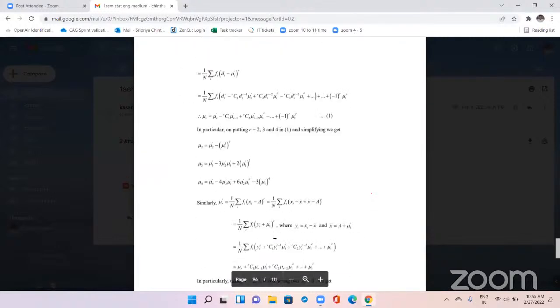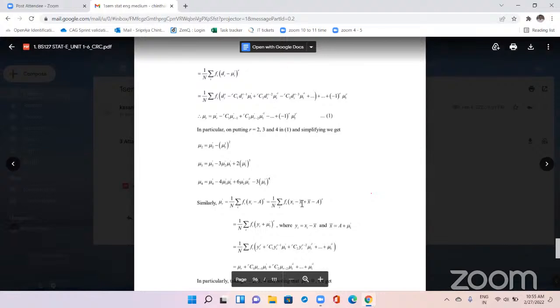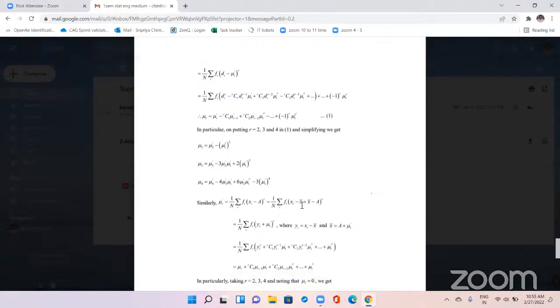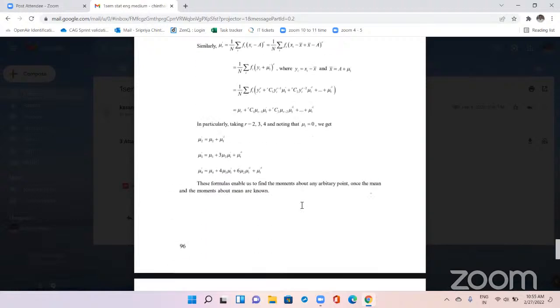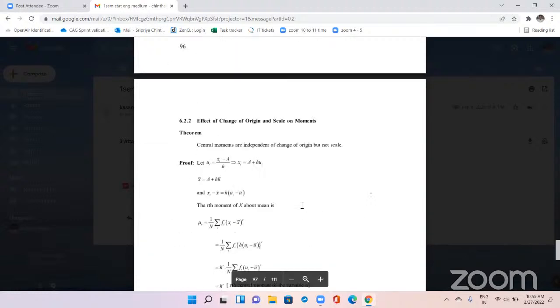Now this is known as non-central to central, that is, mu r prime to central, by substituting minus x bar plus x bar, non-central moments become central moments. The second derivation is by using binomial expansion. So here I can stop.